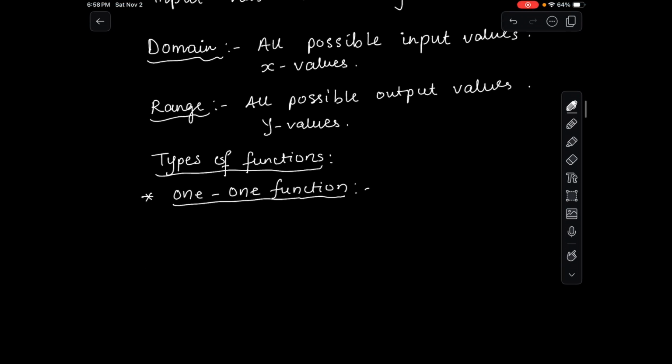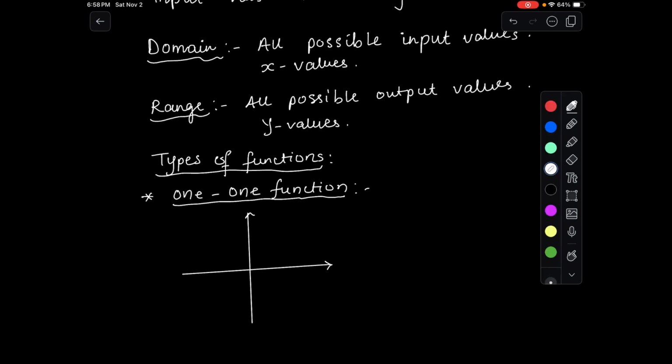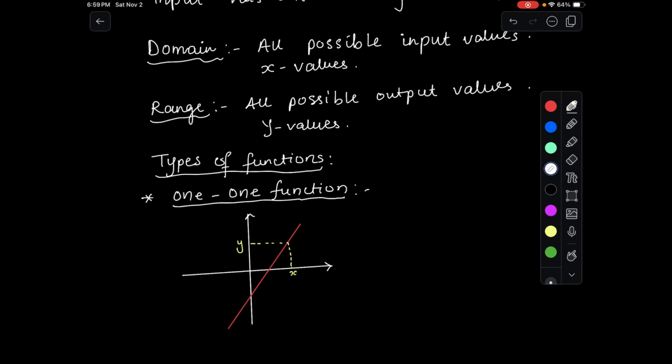So for example, we are having a straight line graph. Okay, let me just draw a graph. So every input, this x value has exactly one output, the y value. This is a one-to-one function.